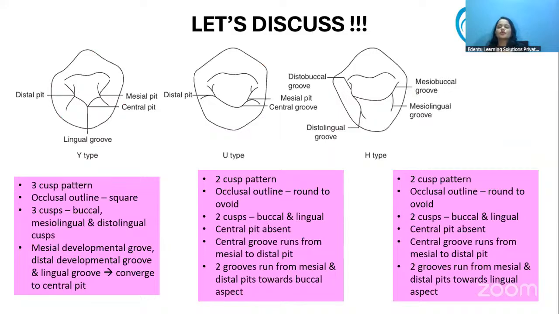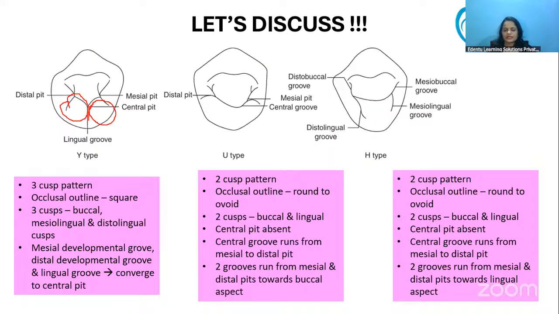Okay. So this second premolar, the mandibular second premolar, can have variations. Sometimes, usually only two cusps are seen, but sometimes it shows a three cusp pattern. In this three cusp pattern, there will be only one buccal cusp, and then there will be two lingual cusps. There will be a mesiolingual cusp and a distolingual cusp.